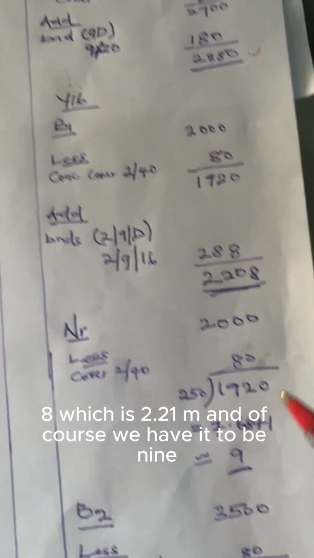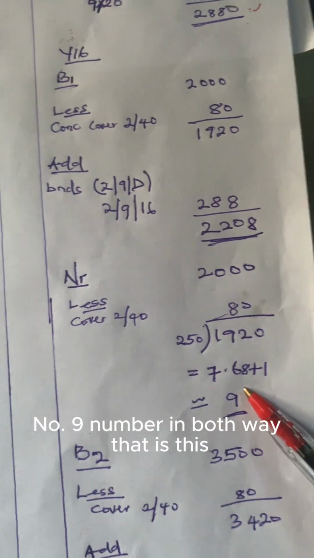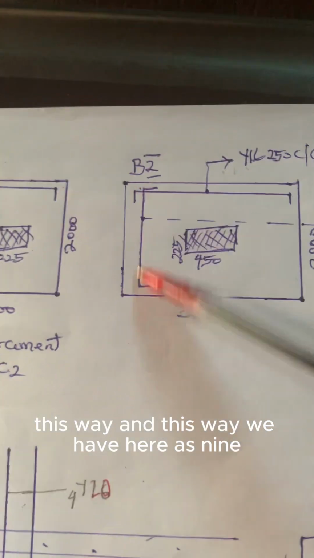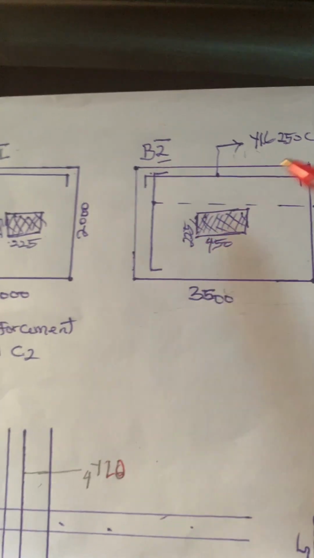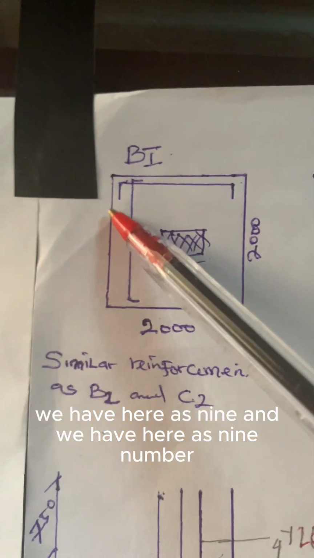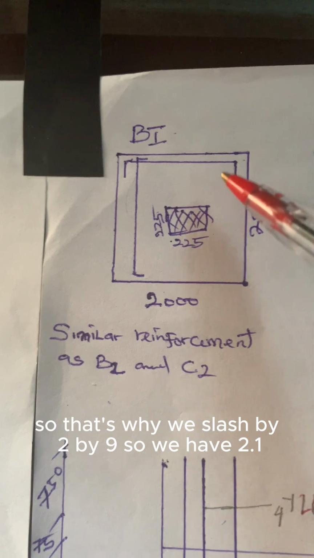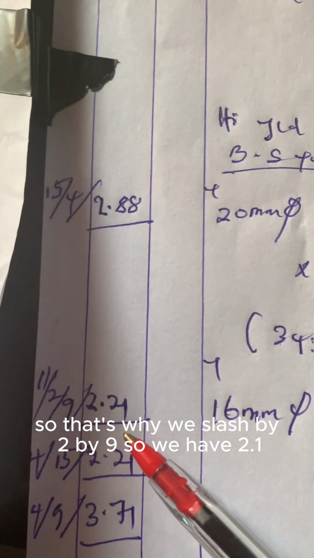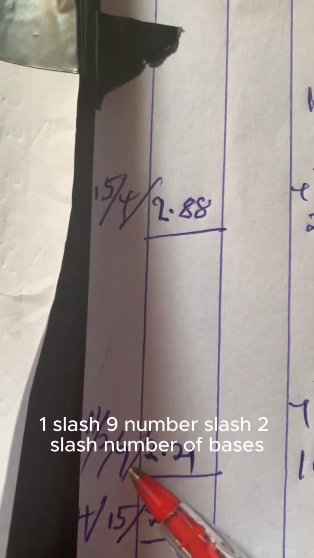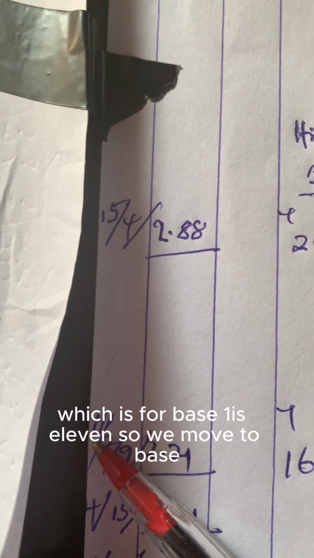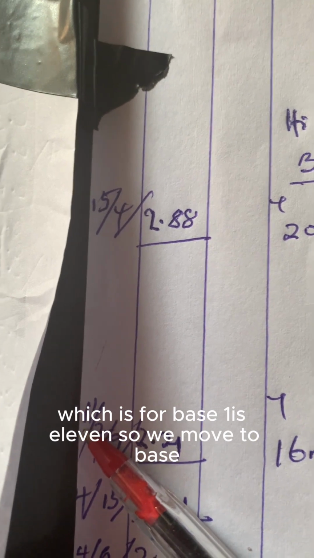And of course we have it to be 9 number in both ways, that is this way and this way. For base 1 we have 9 here and 9 here. So that's why we will slash by 2 by 9. So we have 2.11, slash 9 number, slash 2, slash number of bases, which for base 1 is 11.